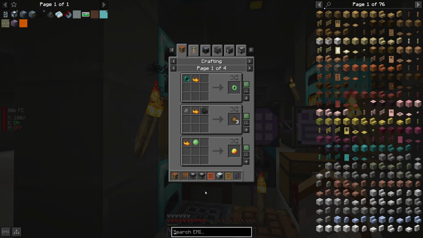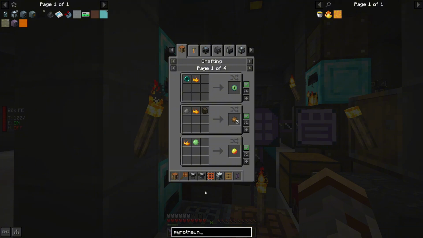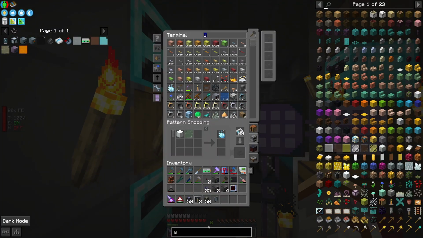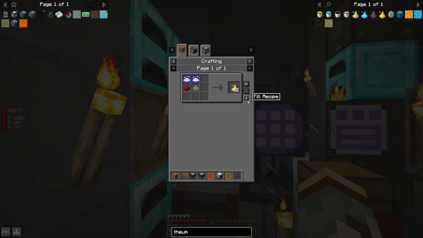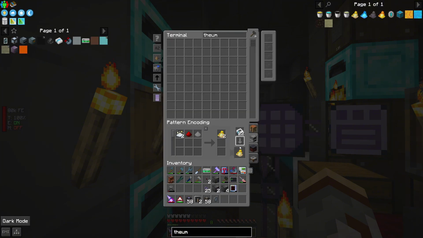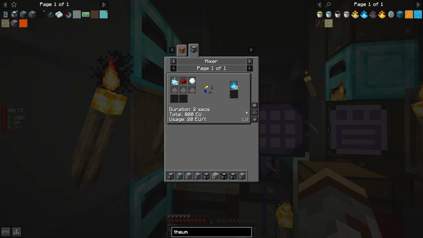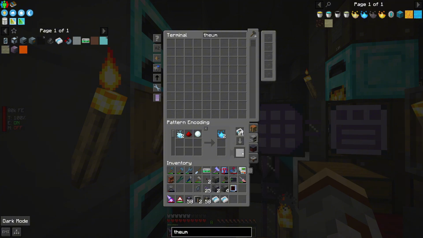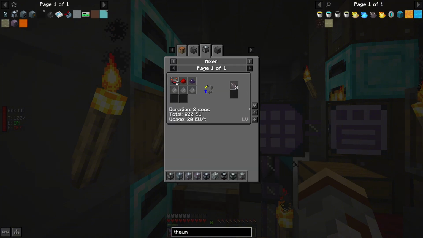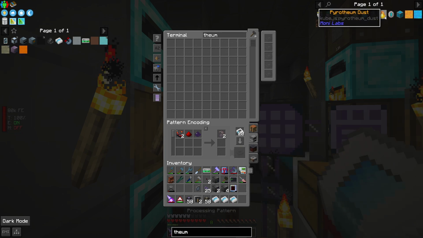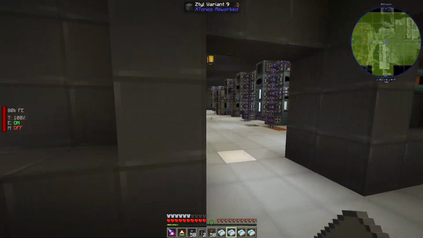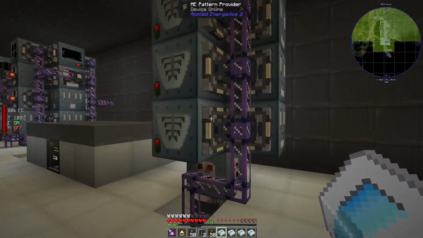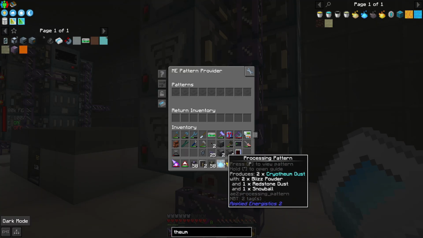Let's see. I think pyrothium. So I get that thium word. Oh, I screwed it up. There we go. So erothium, mixer, cryothium, mixer, petrothium, and pyrothium. That doesn't really matter where we put these.